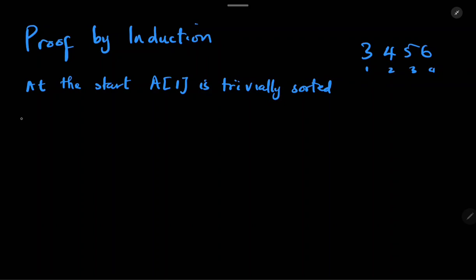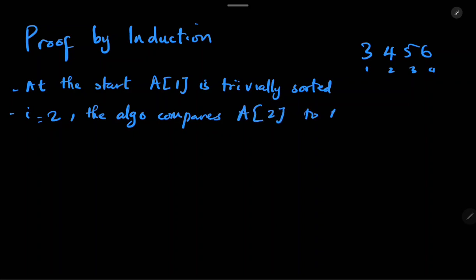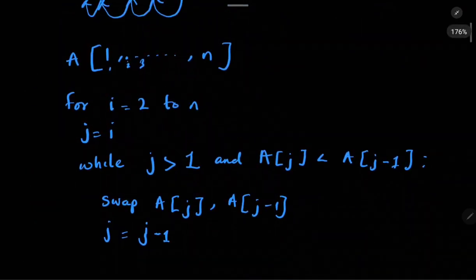In this iteration, the algorithm compares A2 to A1. Going back to our pseudocode, if the number at A2 is less than the number at A1, we swap. If not, it's already sorted.